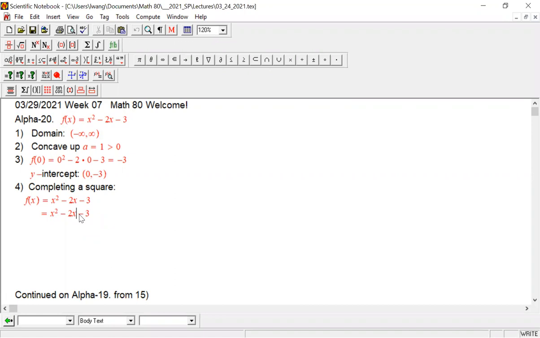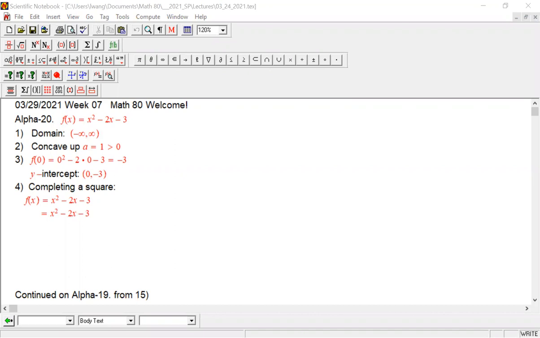Francesco? Marcelo? What do you suggest to make a perfect square as part of the quadratic function? How would you do it? No response. Hey, are you guys there? Medicine?